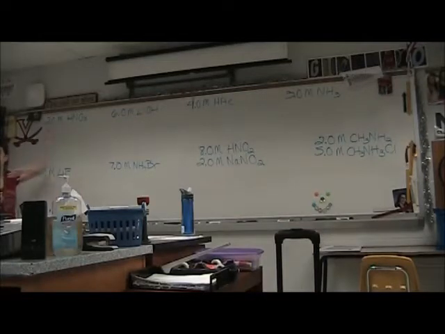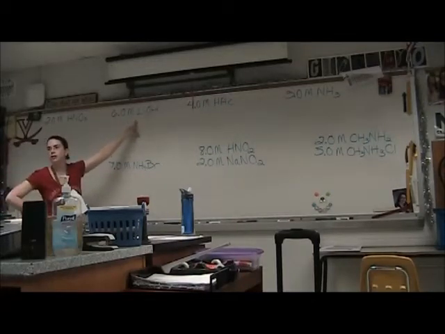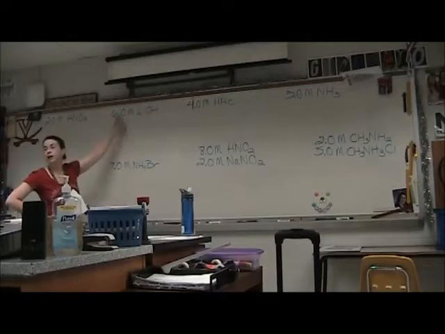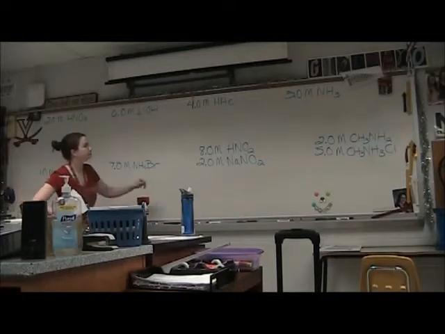Negative log of that number, solve, done. Okay? 6 molar lithium hydroxide. Also strong. Okay, it's a strong base. So what do you do? Negative log of 6.0. Okay, negative log of 6 will give you the pOH, then 14 minus. Very good. Okay.